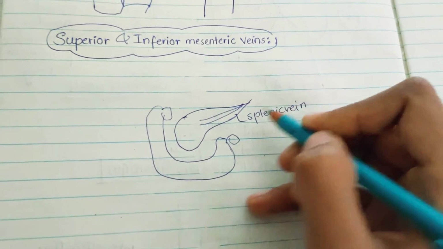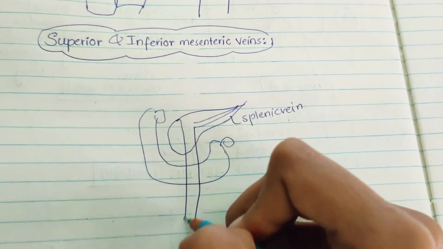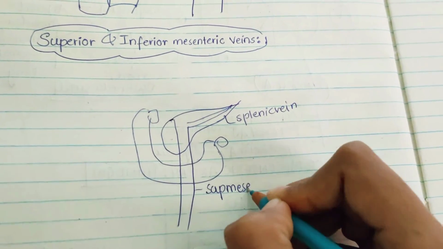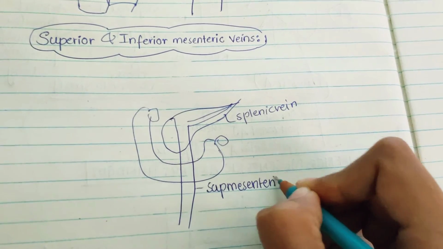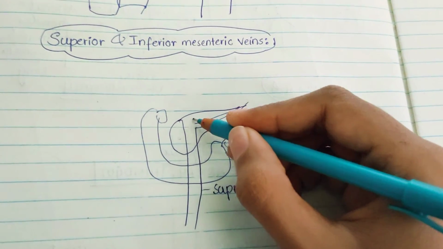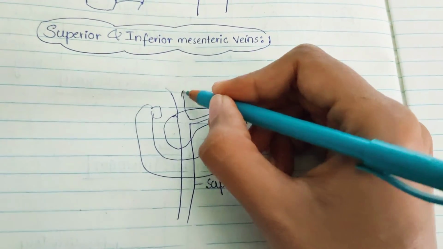The splenic vein, and this one is the superior mesenteric vein. The splenic vein and superior mesenteric vein together form the portal vein.